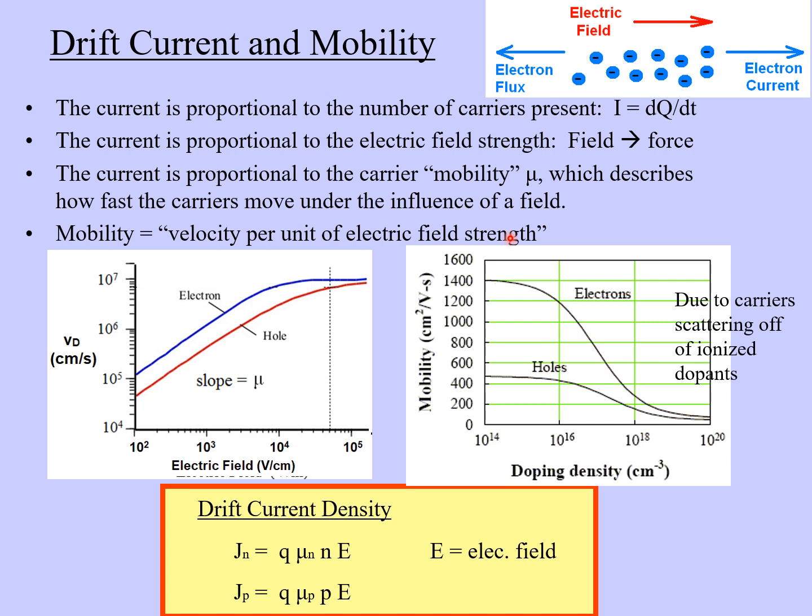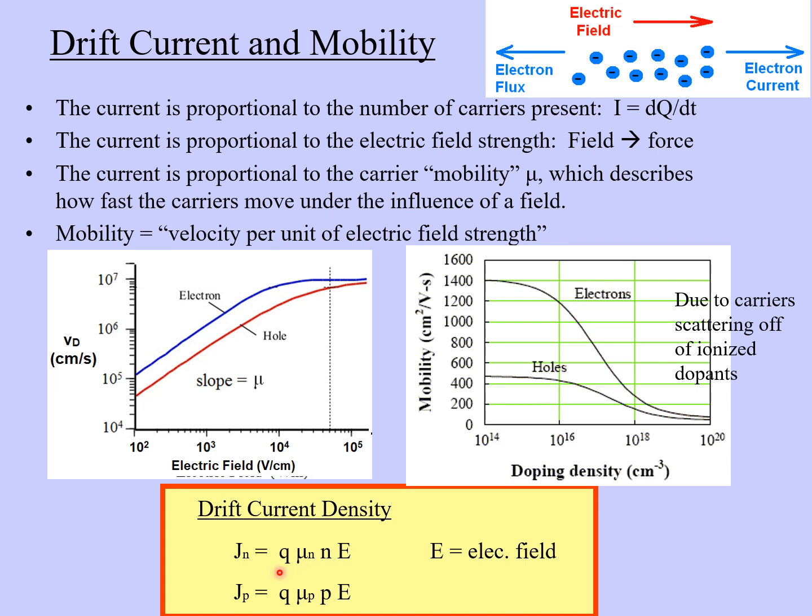So putting this all together, we see that the drift current density, now remember from physics, J is the letter that's used for current density. Current density is current per unit area, and I is used for current, okay? So the current density J for electrons, that's J sub n, is proportional to n, the concentration of electrons, E, the strength of the electric field, and mu sub n, the carrier mobility for electrons.